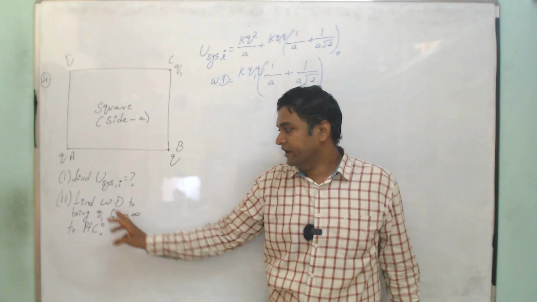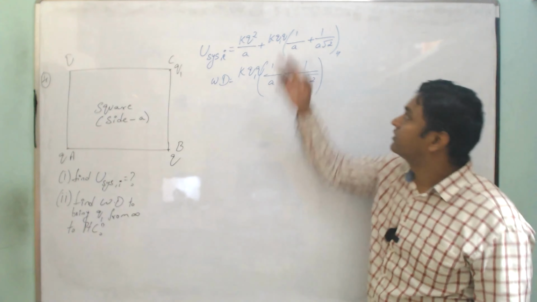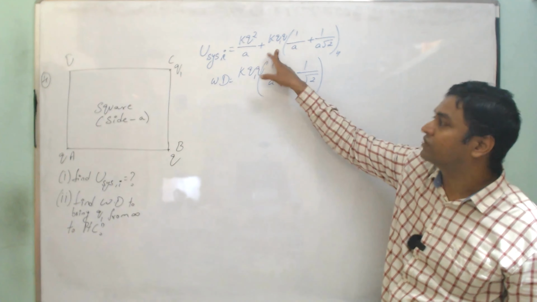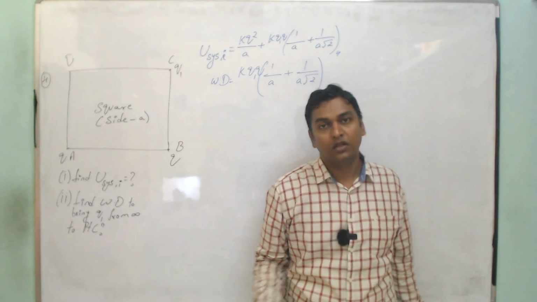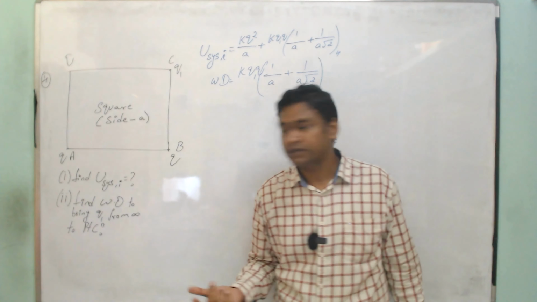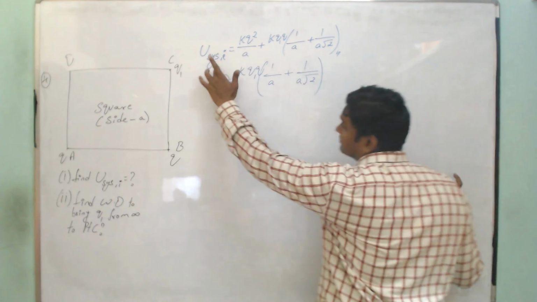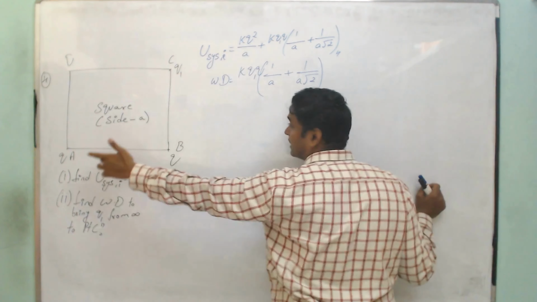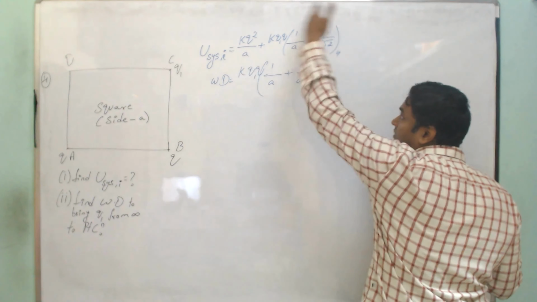So the work done to bring Q1 from infinity to point C is nothing but the part of potential energy that is only related to Q1. That means I have to not consider the potential energy of q and q. You basically added two potential energies. The reason why I wrote this first and then this is that this term is the potential energy between A and B, and this is the potential energy between AC and BC.